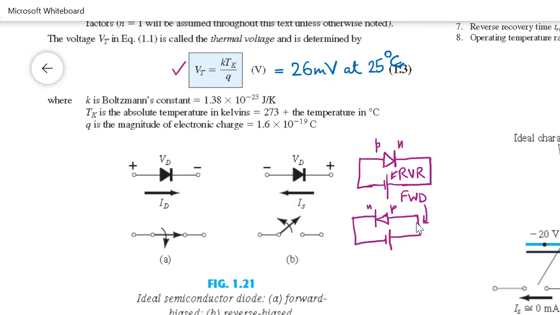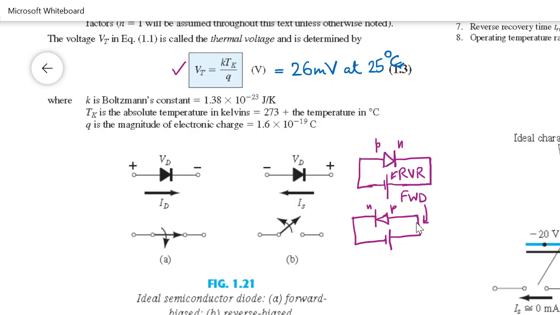Now as you can see from the characteristics, if you idealize these characteristics, it is almost behaving in a way that when we have a forward bias diode, there is a current flowing through the diode, and when we have a reverse bias, we don't have a current flowing through the diode.